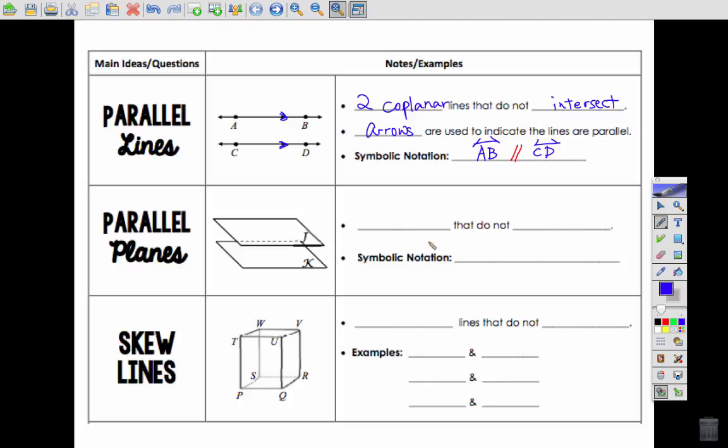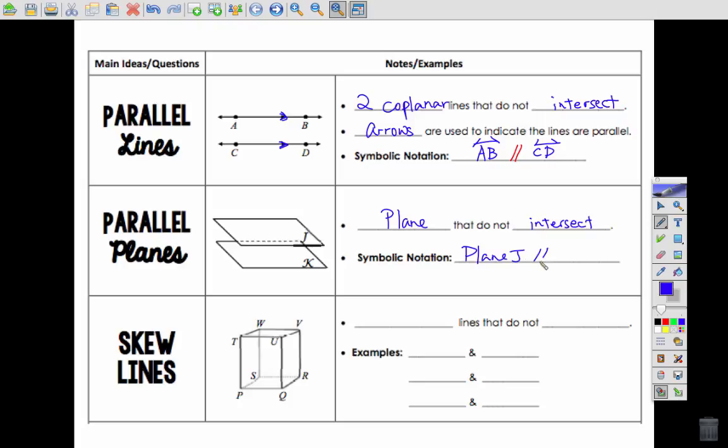Okay? Parallel planes are planes that do not intersect with each other. In this case, we can do the same thing.